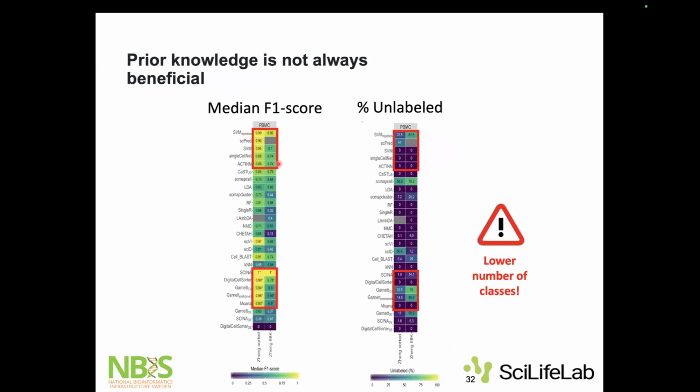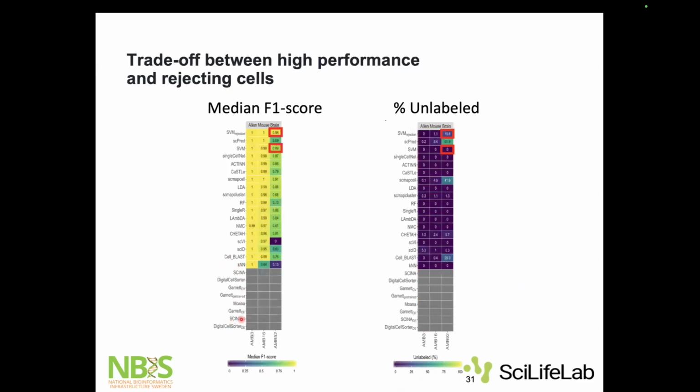And then they also did this test for PBMC data, which is, of course, a more challenging task. The cell types are very close to each other. There are overlaps between cell types. And here they also included those methods that they couldn't include before, like those gray ones here. It's because they needed prior knowledge. They needed the markers. And since they didn't have them, they weren't really included in the analysis.